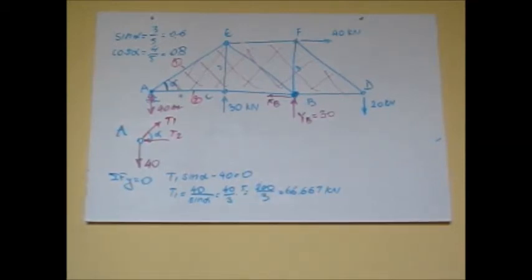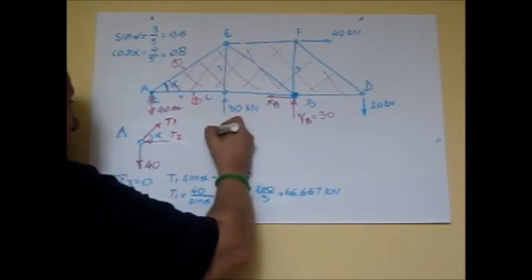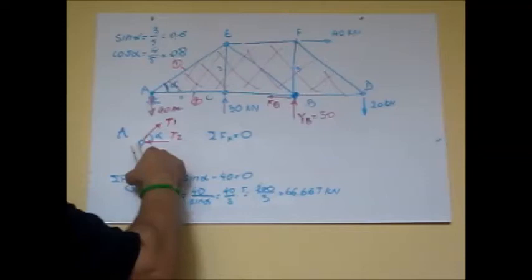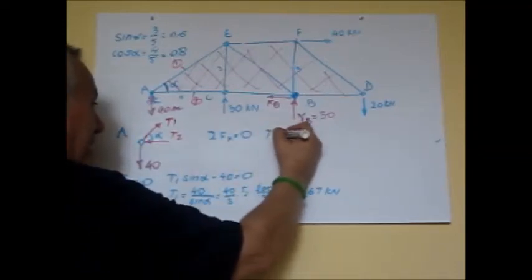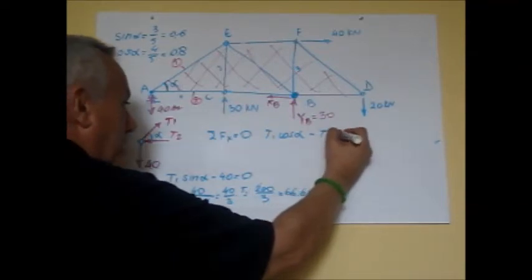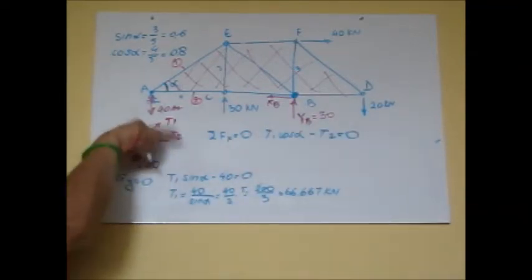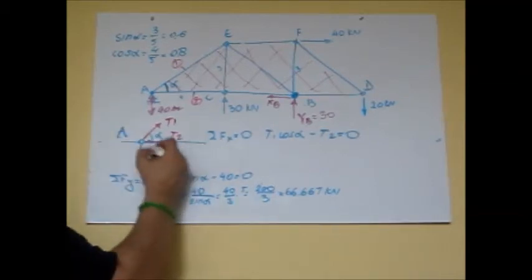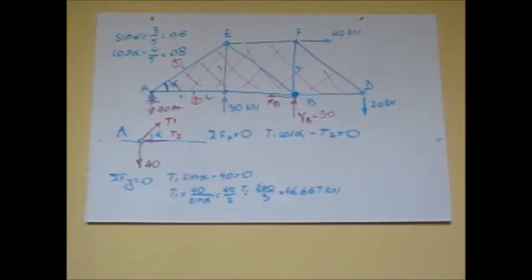Now, if I take the sum of the forces in the axial x equals 0, here, what I have? T1 cosinus alpha minus T2 equals 0. You see, T1 cosinus alpha, because I have the horizontal projection, minus T2 equals 0.